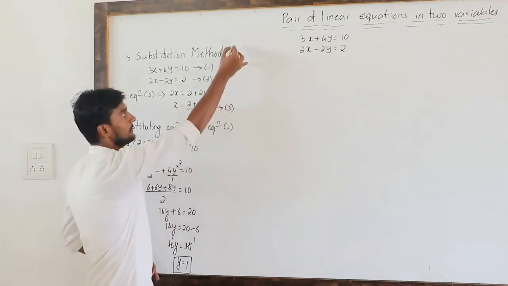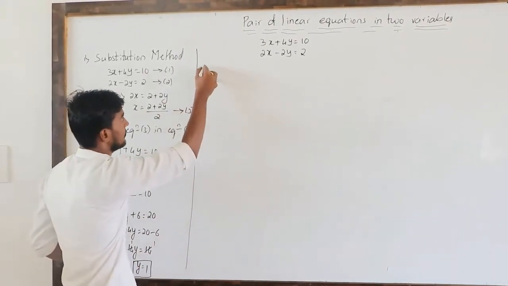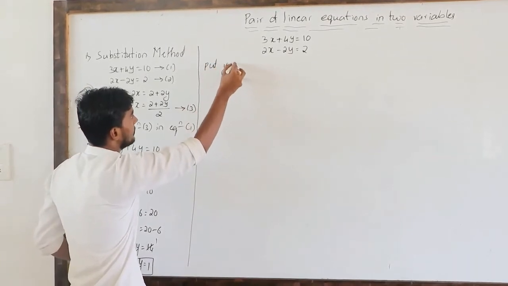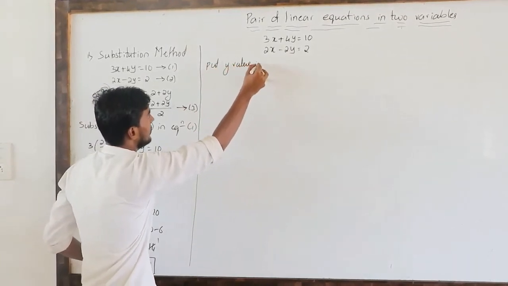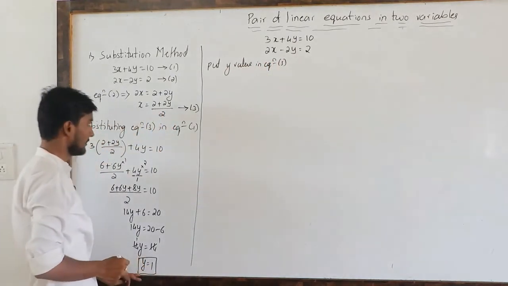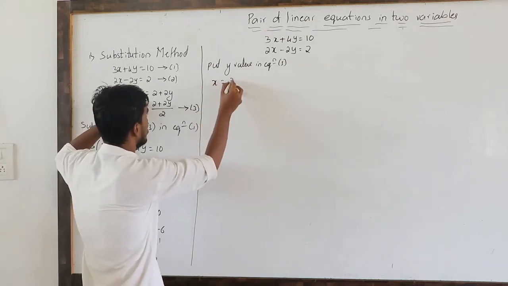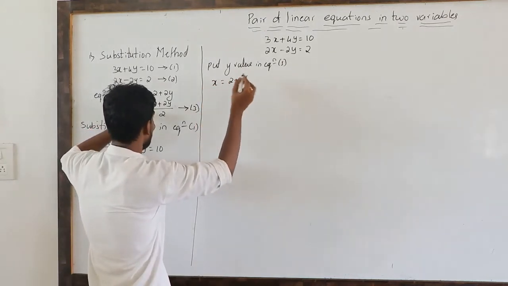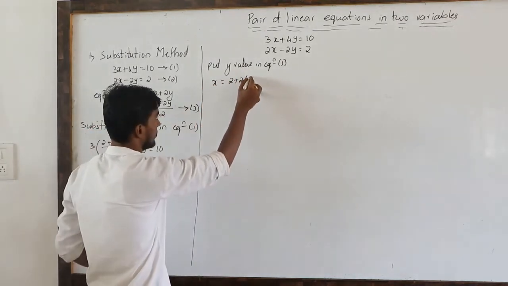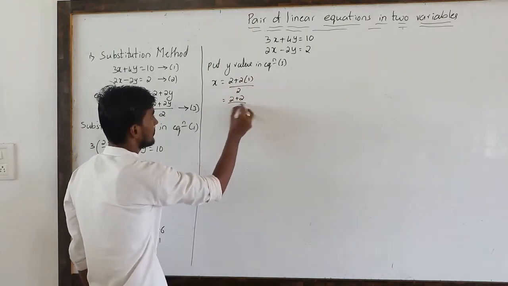Put this y value in equation 3. If you put the y value in equation number 3, x is equal to 2 plus 2 into y value, we have got 1, divided by 2. 2 plus 2 into 1 is 2, divided by 2.